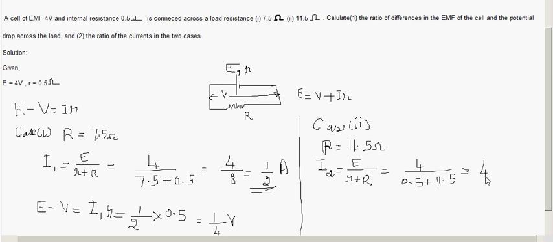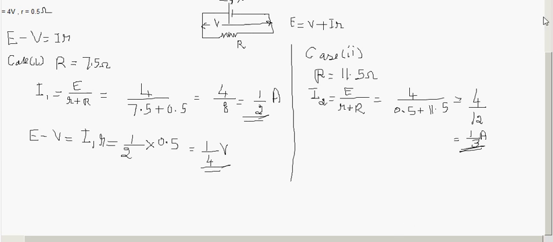Four by 12, or 1 by 3 amps. So E minus V in this case will be equal to I2 into r, one by 3 into 0.5. This 0.5 is actually half, so it is equal to 1 by 6 volt.